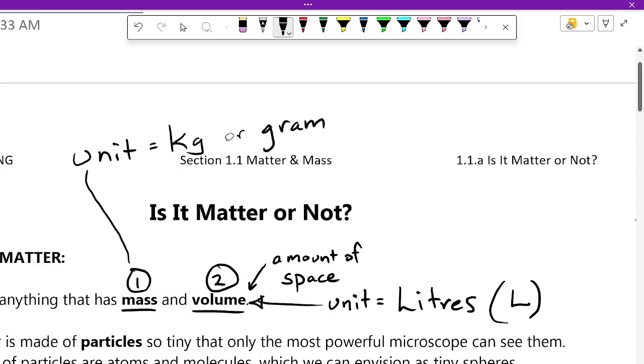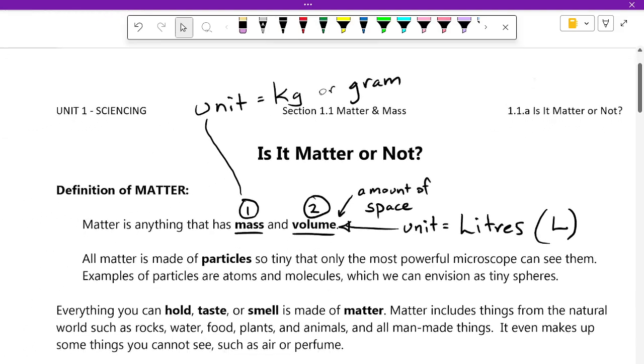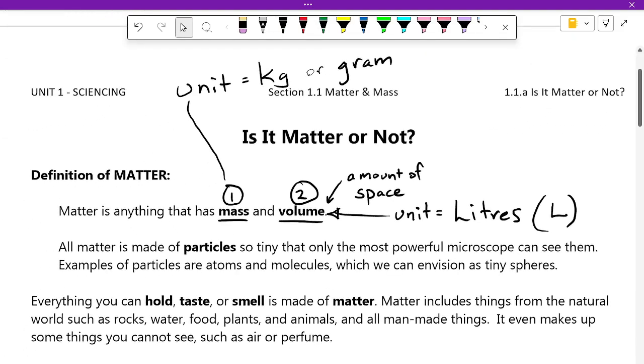So as long as something takes up space and it has mass, then it is matter. And there are things that aren't matter also. As long as it has particles, just like those particles of air that you felt when you waved your hand, that is matter. If you can hold it, it is matter.